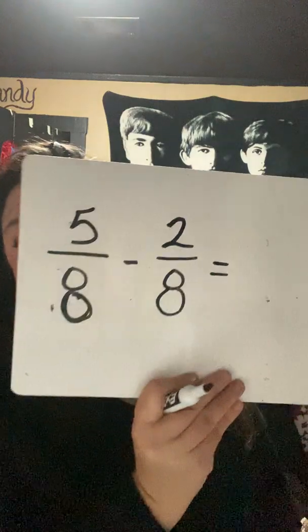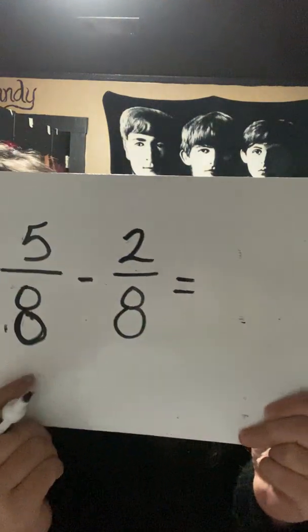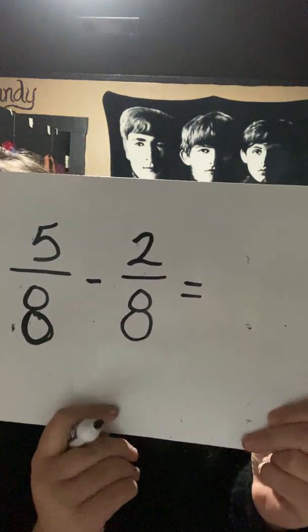Now let's do some subtraction problems. 5/8 minus 2/8 equals, well, again, even on a subtraction problem, if the bottom number is the same, it can just stay the same.